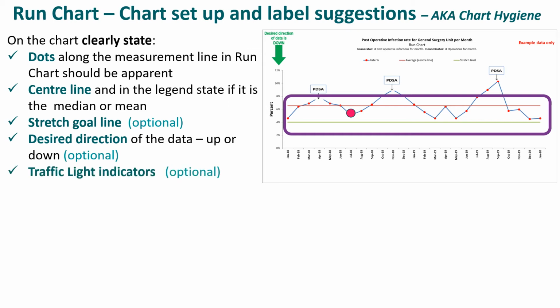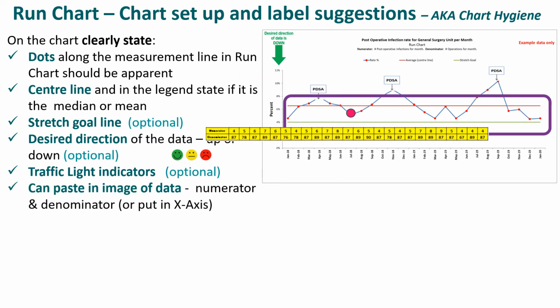You can also use these traffic light indicators, such as the green, amber, and red face, to demonstrate how the team feels the data is tracking along the run chart. These are very much optional, and some organisations don't like them being used, so use them with caution.